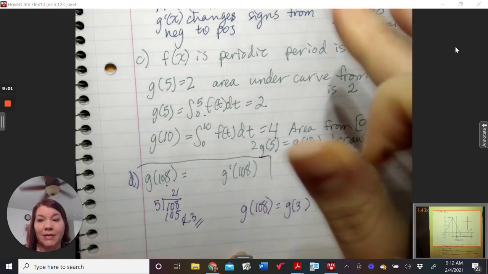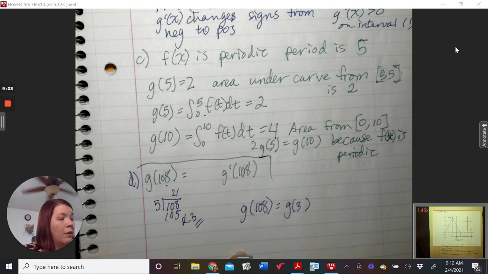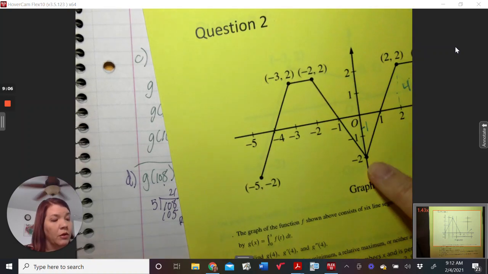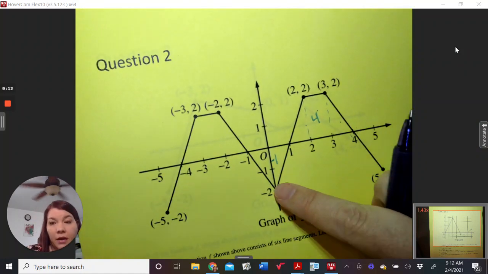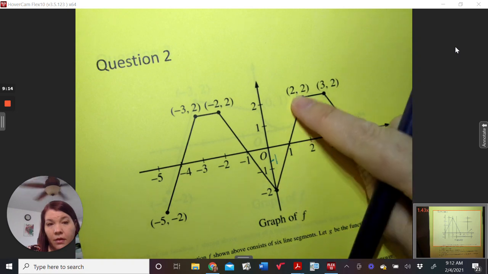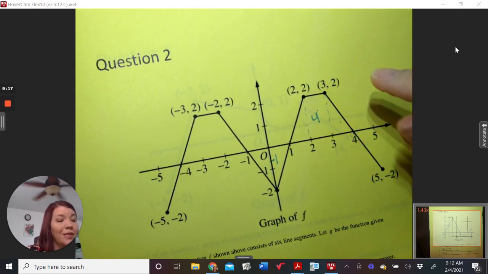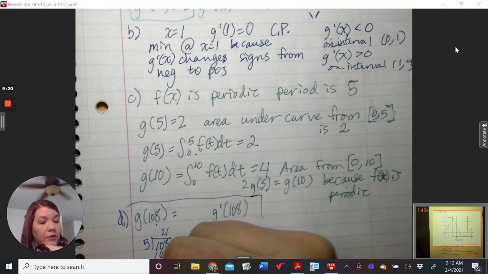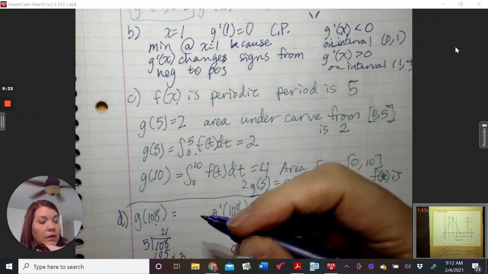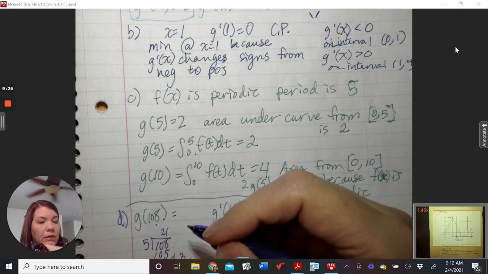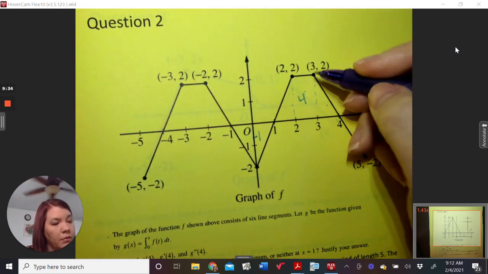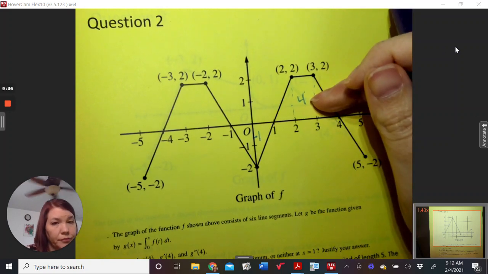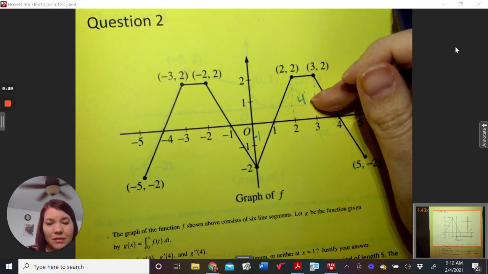Because if it repeats itself, we'll be on what part of the repeating pattern when we get to 108. And since we're going to do this over and over again, by the time I get to 108, I'm at 105, then 108. So I need g of 108, which is the integral from 0 to 108. So I need the area here, which will be 2 plus 21 times 5.